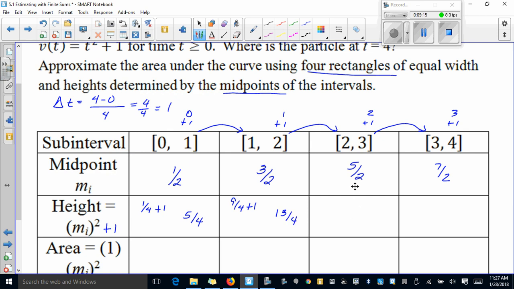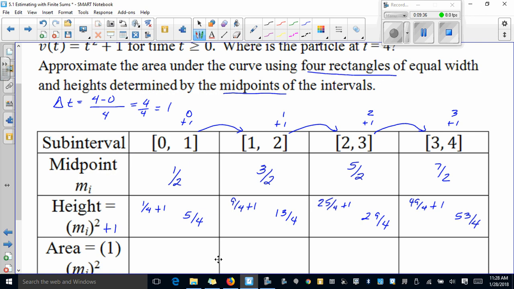So the area, let's fix that one too, because I made a mistake on that one as well. This is going to be the midpoint squared plus 1, because that was the formula, times 1. This guy here is your base, the width of your base, and this is your height.